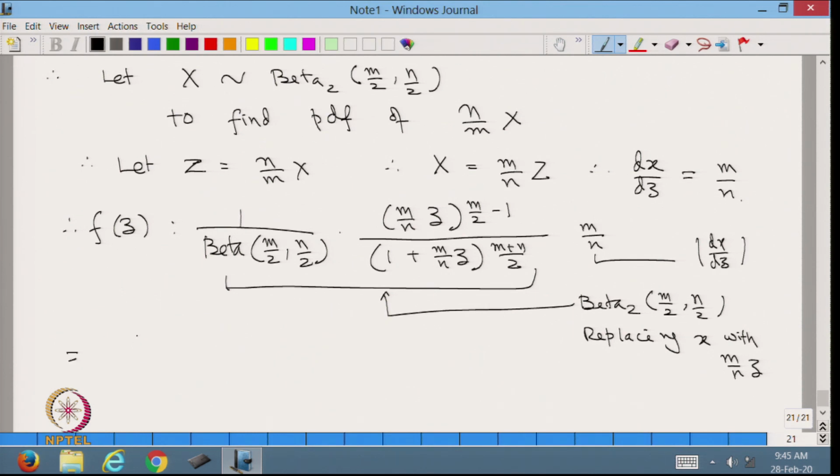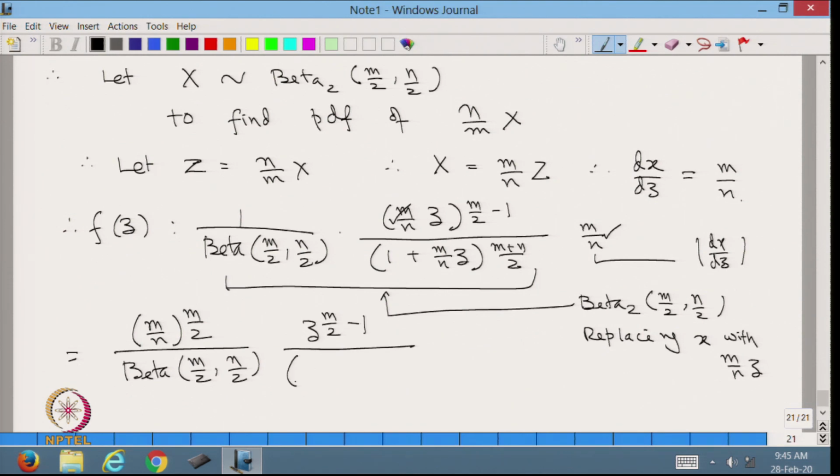As you can understand, it is going to be (m by n) to the power m by 2, because I am taking this term and this term, upon Beta(m by 2, n by 2) z to the power m by 2 minus 1 upon (1 + m by n z) to the power (m+n)/2, when 0 less than z less than infinity.